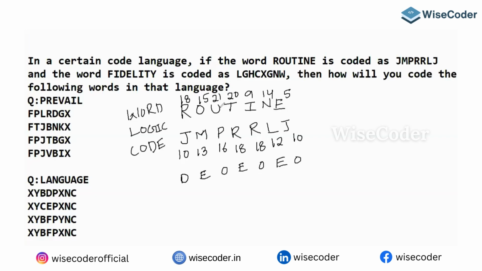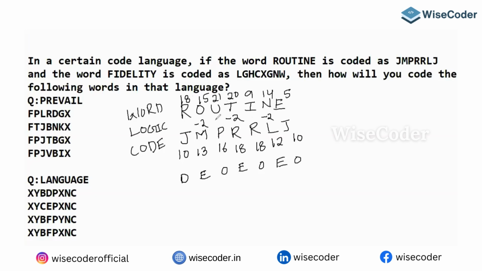If you closely observe, the even positions are -2, here also -2, here also -2. So for all even positions, the logic is -2. But look at the odd positions. The first one is -8.